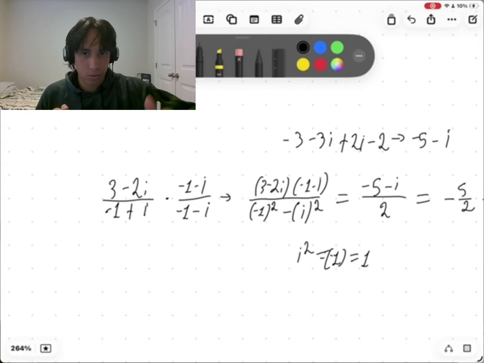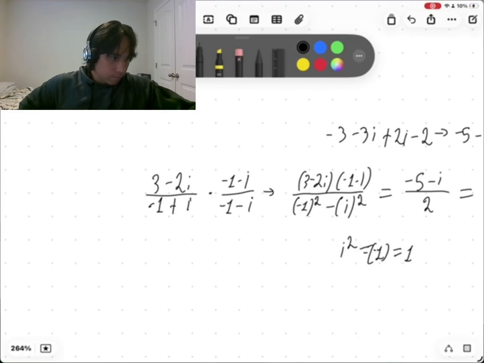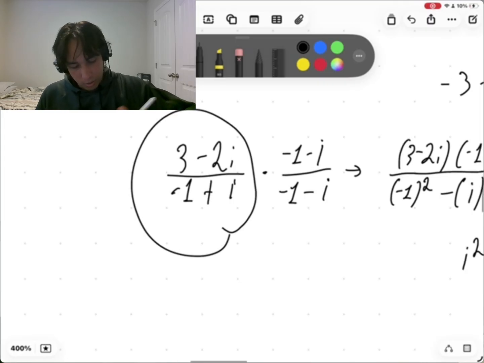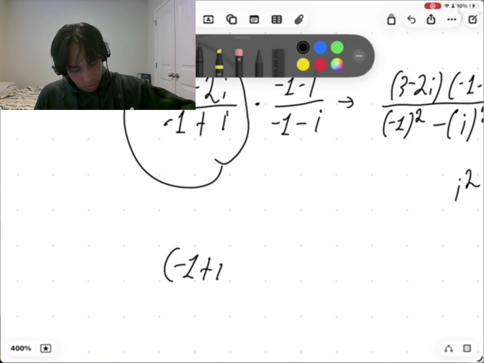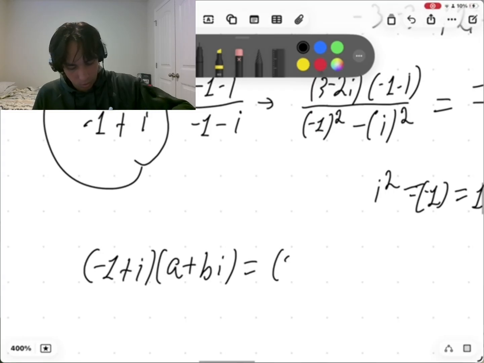Like, you can use matrices to divide complex numbers, right? So we can take this operation as the solution to this other equation, right, equals 3 minus 2i.